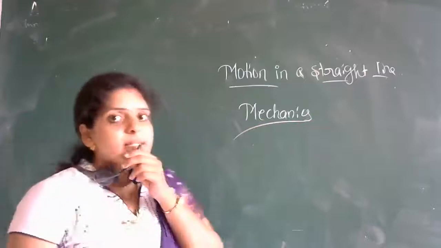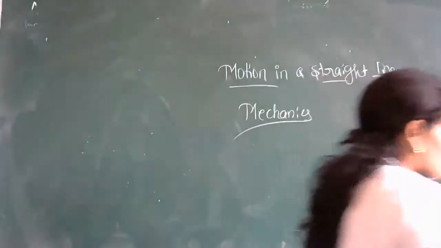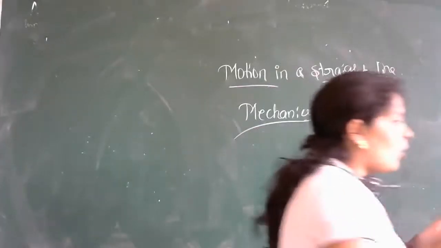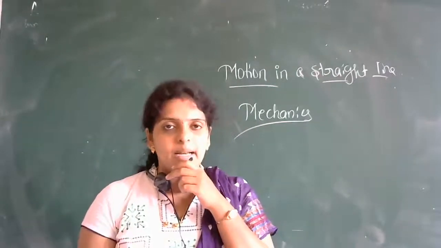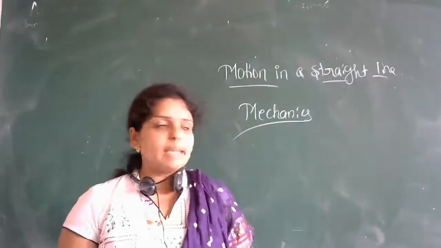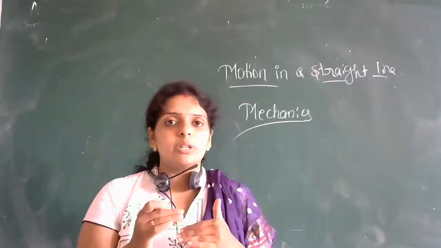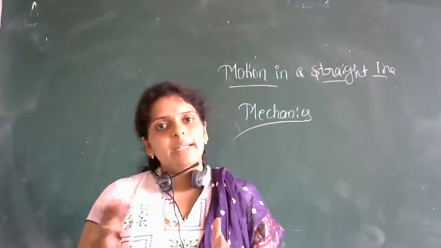In physics, as I told you, there are many branches. If you are studying optics, then optics includes light and its phenomena. If you are studying mechanics, you will study the motion, why this motion occurs, what is the cause for that, how many types of motion there are.